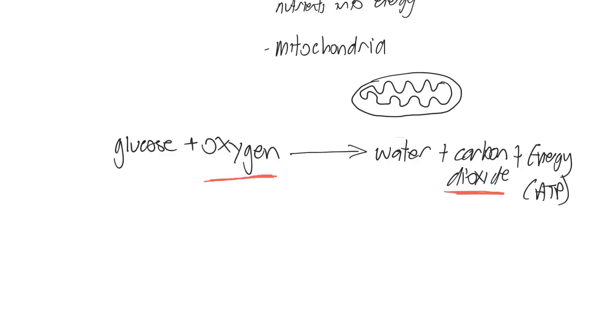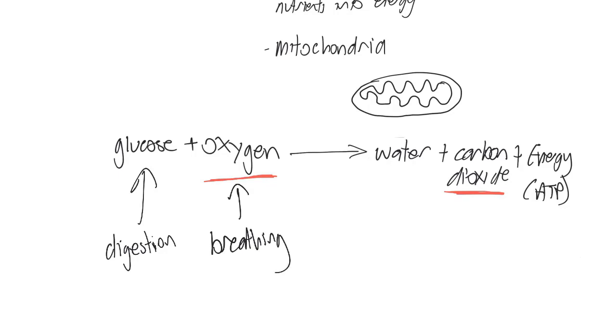So glucose enters the body through digestion, through the digestive system. So taking in nutrients and then getting absorbed into the blood through the process of digestion. And oxygen, well, that comes into the body via breathing.